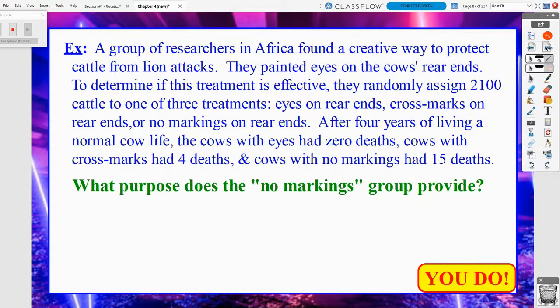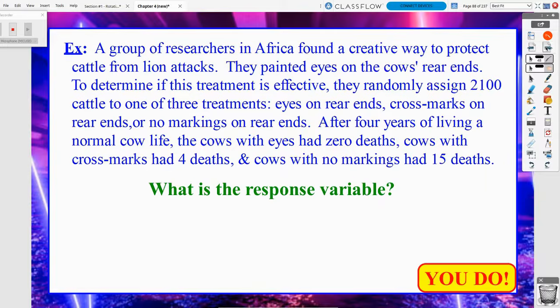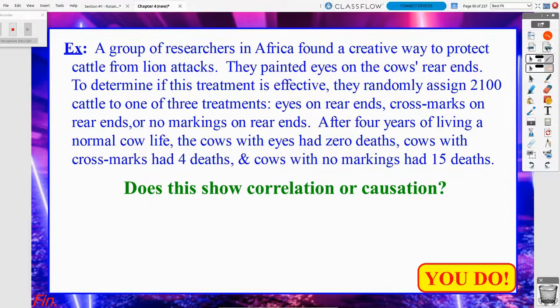What purpose does the no markings group provide for us? What is the response variable? To whom do the results apply? And does this show correlation or causation? So try those out, and we will discuss all of those in depth the next day in class.